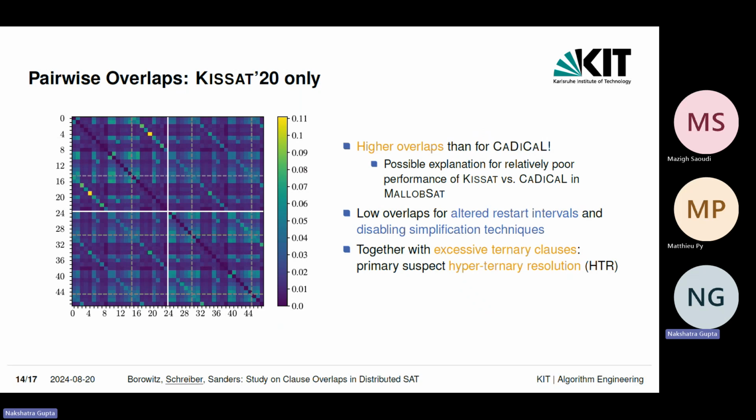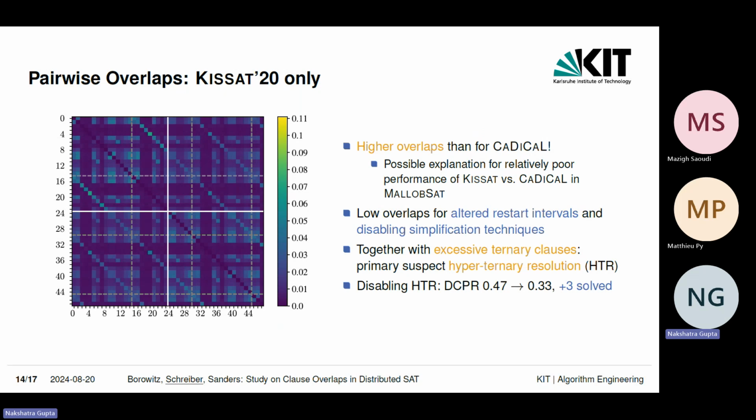So we just tried to turn it off. And now if you take a look at this matrix, it got substantially darker. Overall, the overlaps in the learned clauses decreased substantially. We saw that the DCPR drops from 47 down to 33%, and we also got better performance. So this is a technique where we could pin down, due to the data we gathered, that it might be a problem for solving.